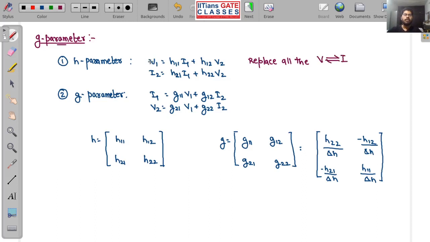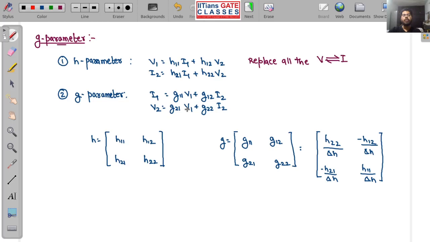You are seeing this is V1, here it is I1. Here it is I1, here it is V1, here it is V2, here it is I2. So there is only an interchange of V and I, and the relationship between H parameter and G parameter is that they are inverse of one another. As simple as that.